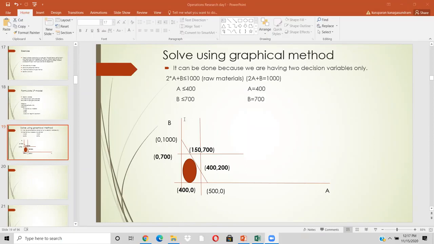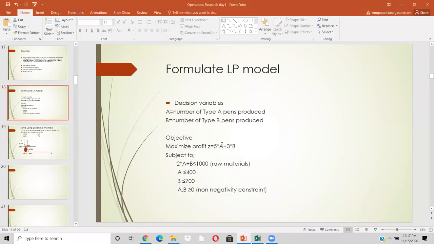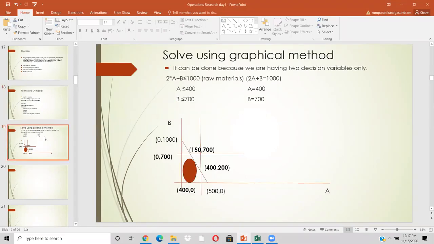Then what about the profit line? Is there anything to be done with this profit line or not? Do I need to draw the profit line in the graph?